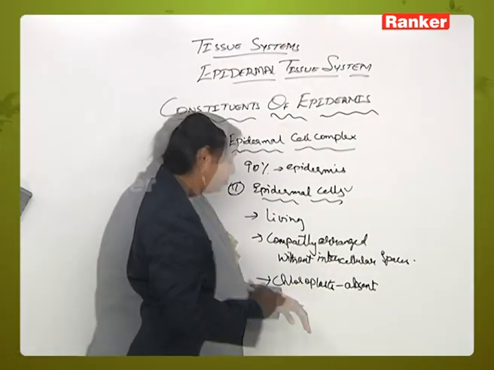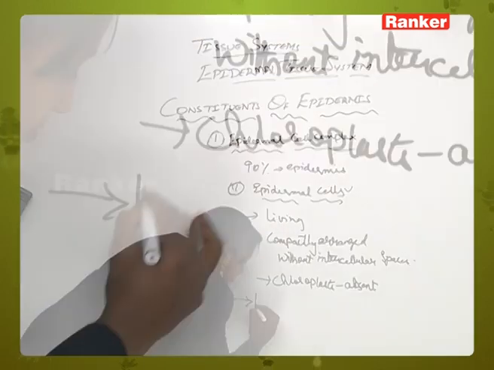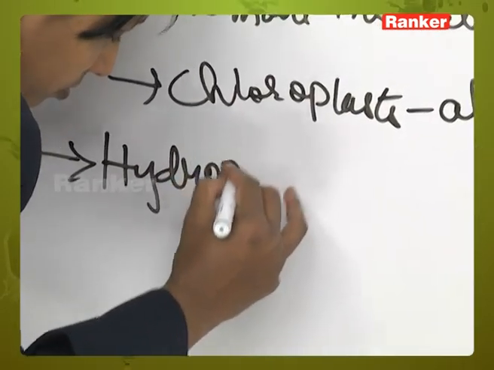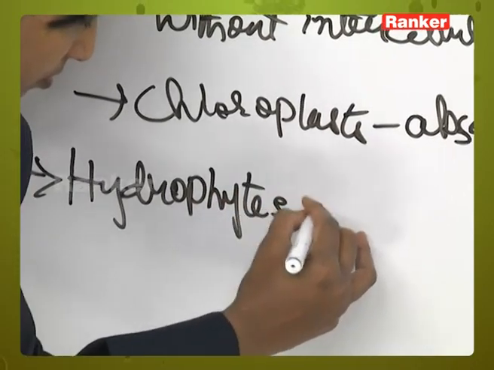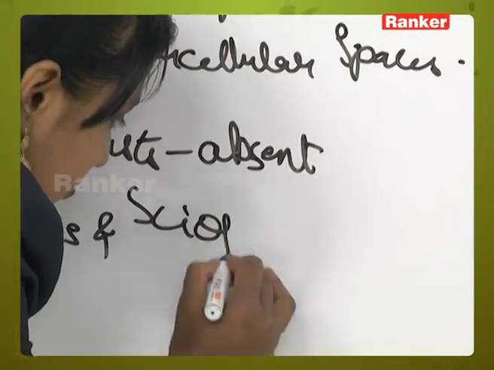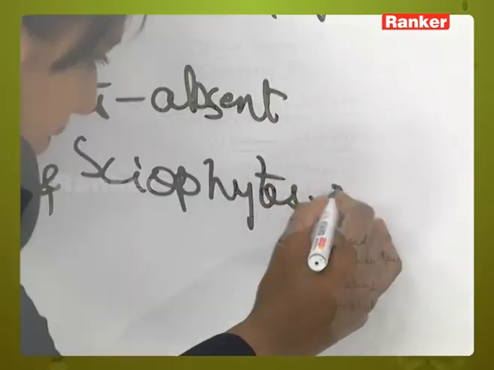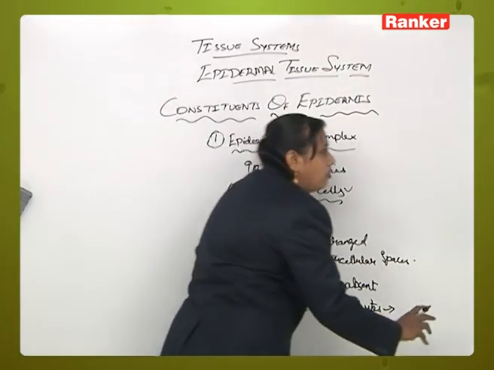Chloroplasts are absent. Hydrophytes and xerophytes, you will see the presence of chlorophyll.